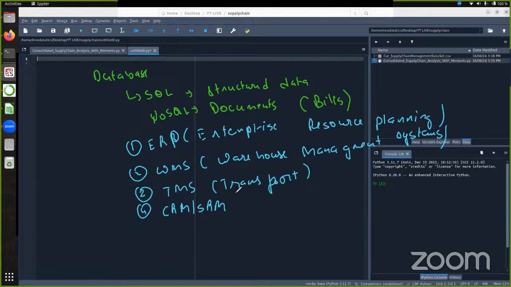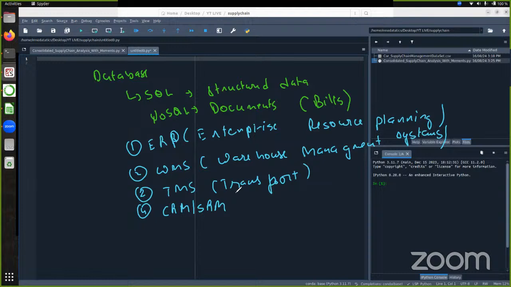So for example, if I am giving some order to a supplier, why am I giving that order and what is the supplier supposed to do for me? Okay, this is all a very important aspect of our supplier management, supplier relationship management.